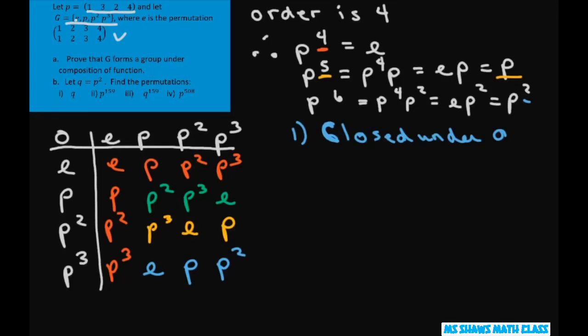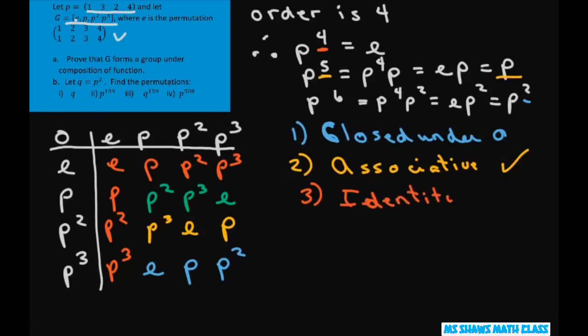Second, associative. All permutations are functions, and all functions are associative under composition. So therefore, permutations are associative under composition. And that's just by definition. Third, we have to prove the identity. The identity was actually given. This is the identity, E.